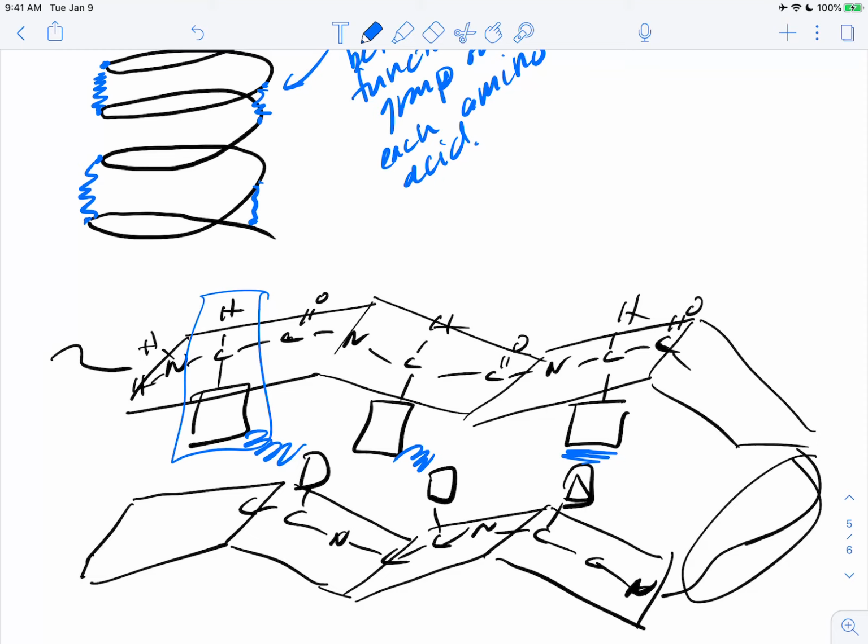So those are going to interact with one sheet on top of another. It's called pleated just because these carbon bonds are not flat; they're actually at angles, like we've already shown. And so this type of secondary structure is called a beta pleated sheet.